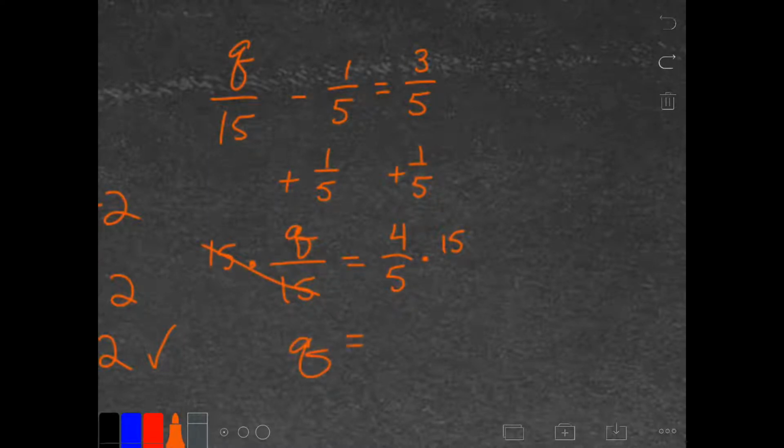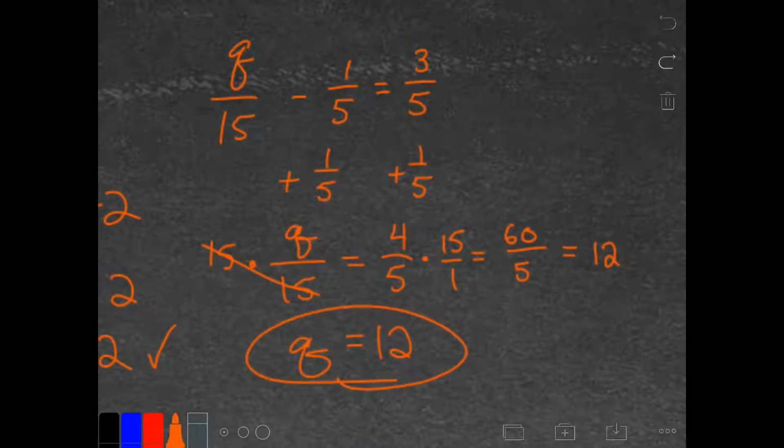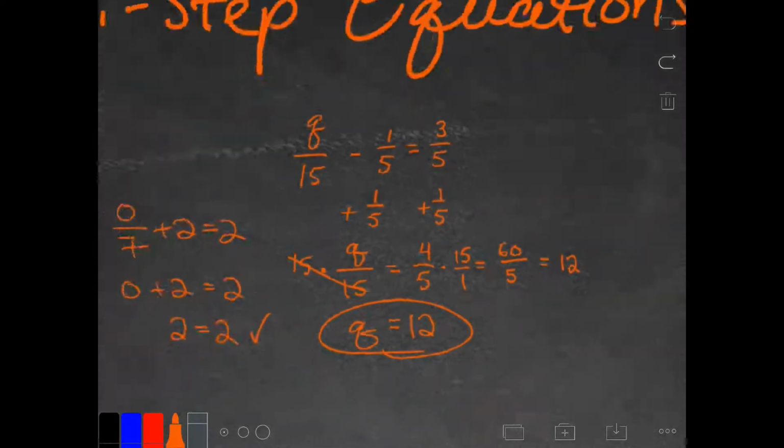So that'll give me q on the left-hand side. And on the right-hand side, 4 times 15 is 60. 5 times 1 is 5. What is 60 over 5, or 60/5? Well, 60 divided by 5 is going to give me 12. So q equals 12. No calculator necessary.